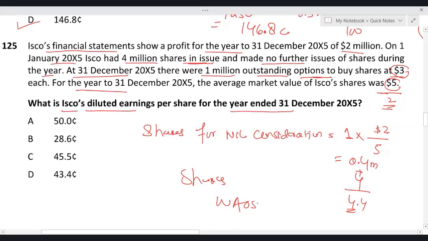In case of potential ordinary shares, we make an assumption while calculating diluted EPS that all the potential ordinary shares have become ordinary on day one. So we have weighted average ordinary shares 4.4. What is their earning? We have earning 2 million. Diluted EPS: take 2 million divided by 4.4, multiplied by 100 because the answers are in cents.